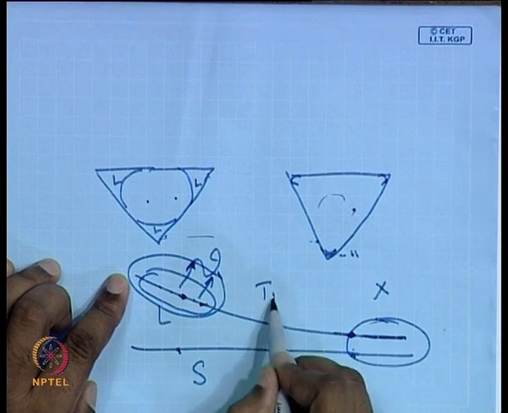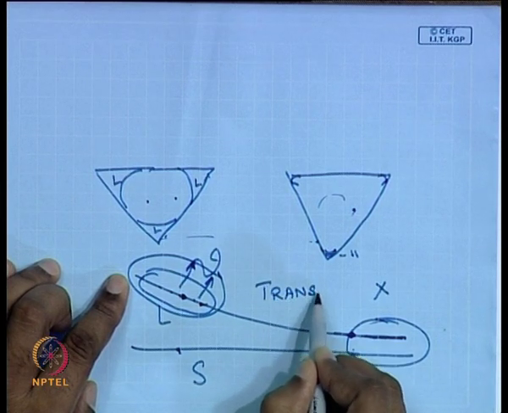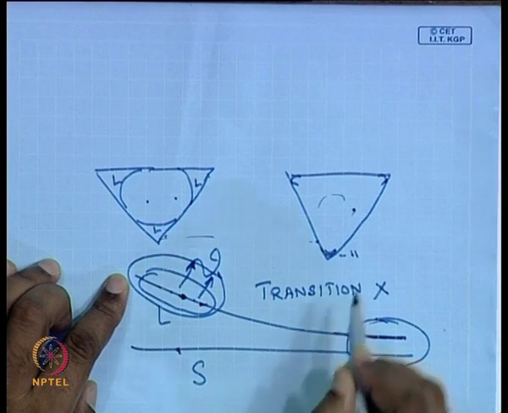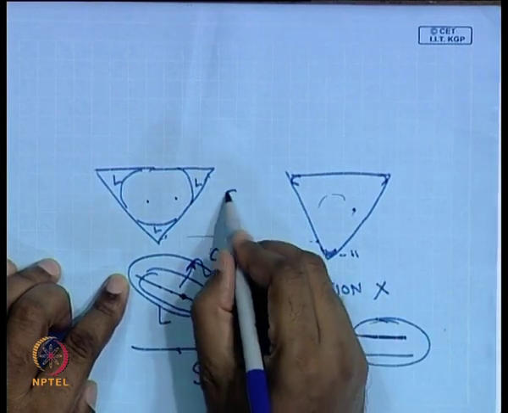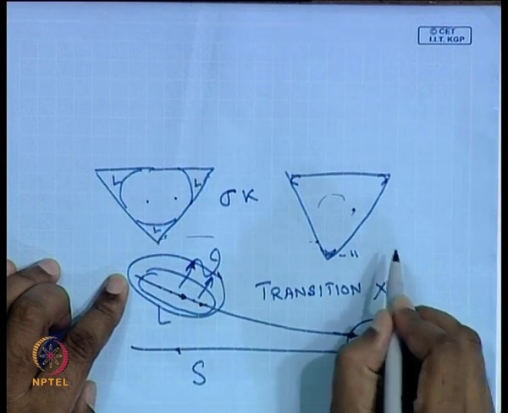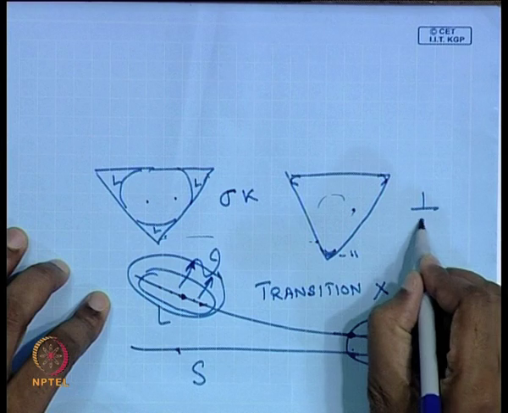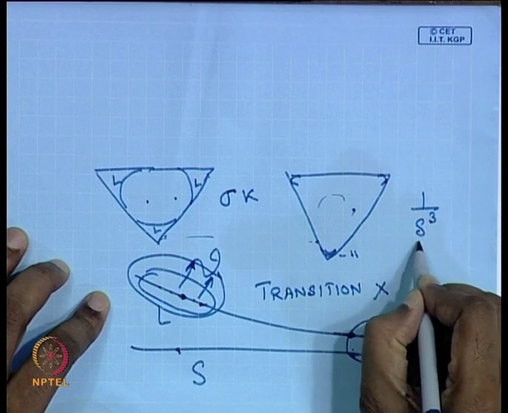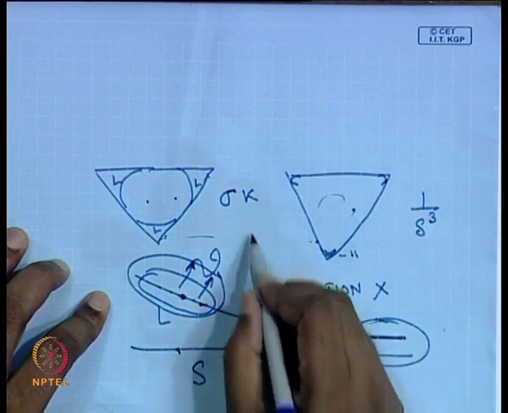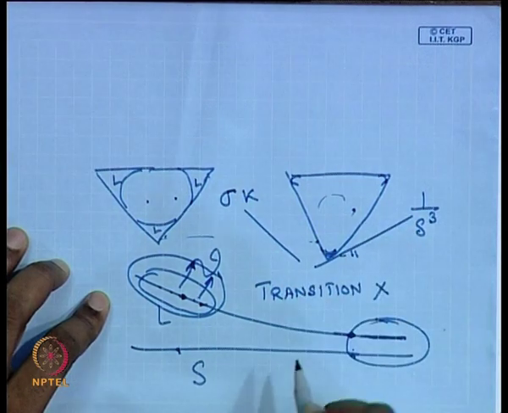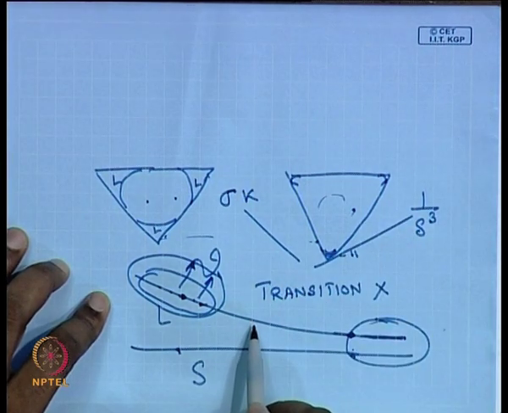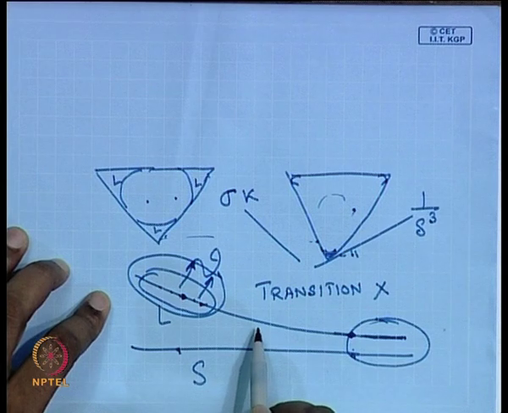This is known as the transition region, and in this transition region both capillary forces, denoted by sigma k, and intermolecular van der Waals attractive forces, which are proportional to 1 by delta to the power 3, delta being the film thickness, are important, and you would expect the maximum evaporation which is possible.